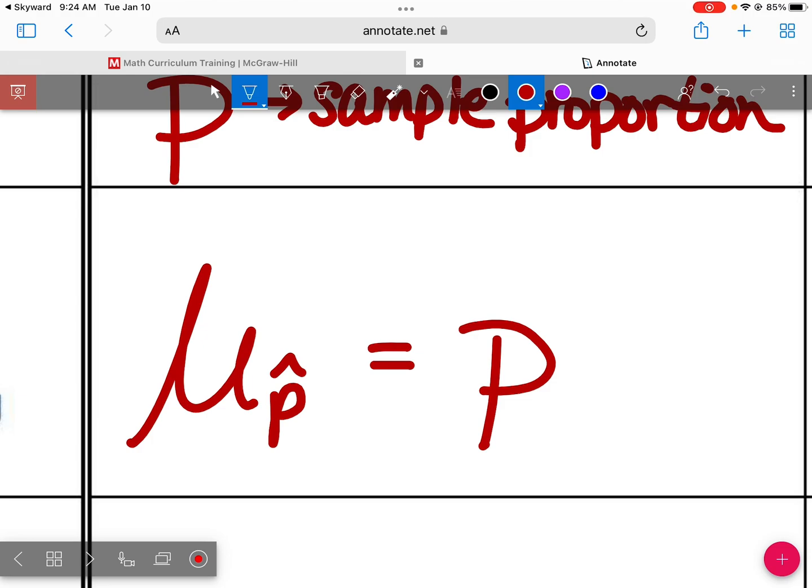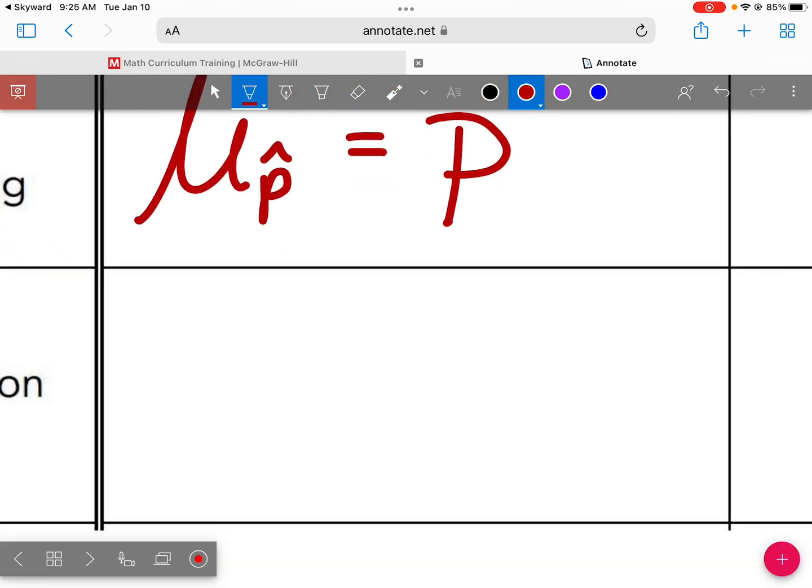Standard deviation of the sampling proportion. How do I calculate that? First of all, what symbol or letter do I use for standard deviation? Sigma. So I want the standard deviation of my sampling distribution, so sigma of P hat.